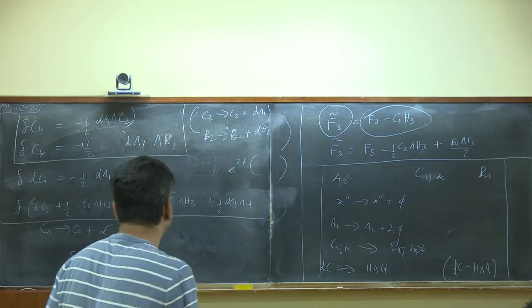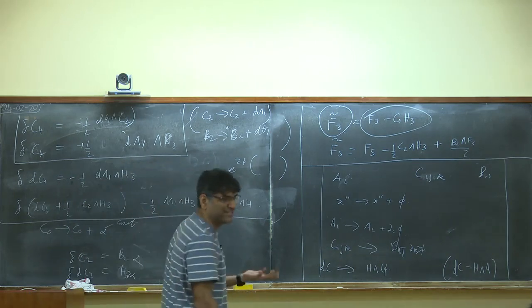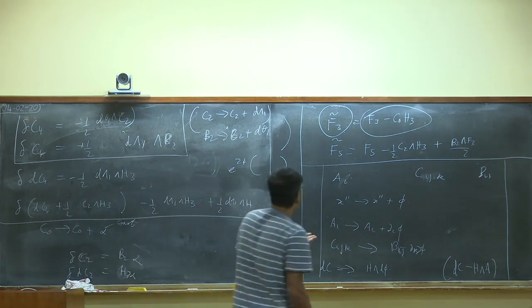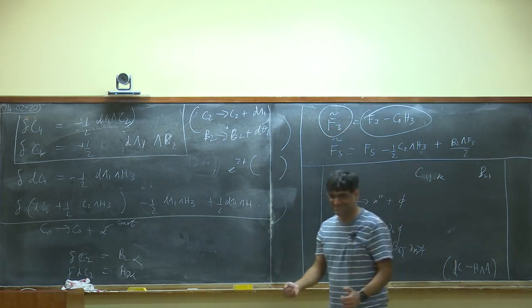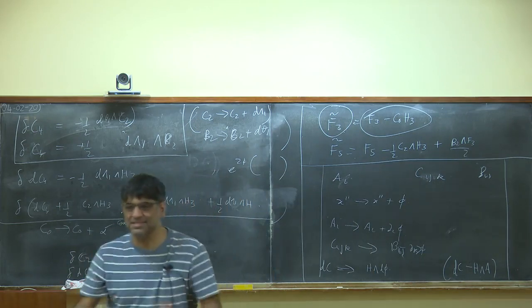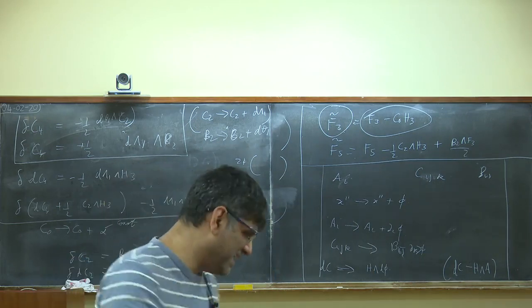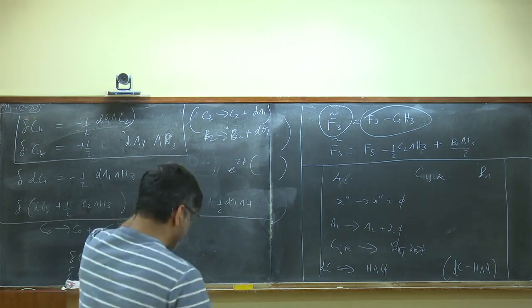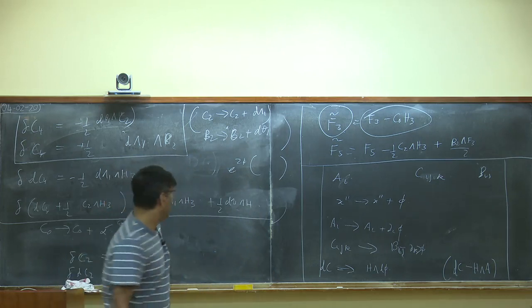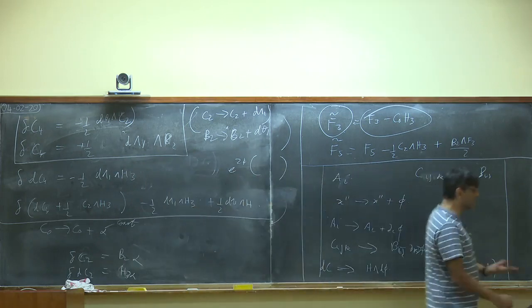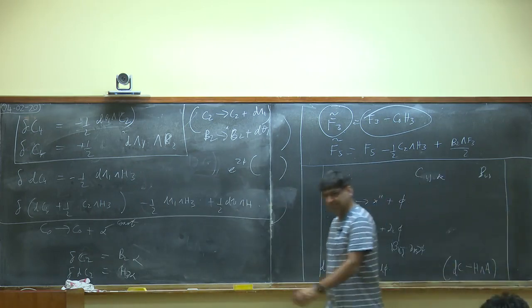Okay. So it's not quite true that C0 doesn't enter the action. It does, but only in the combination F3 tilde. That's the only appearance of C0 in the action. Is this clear? Okay. So these are all the basic components. This is the theory.